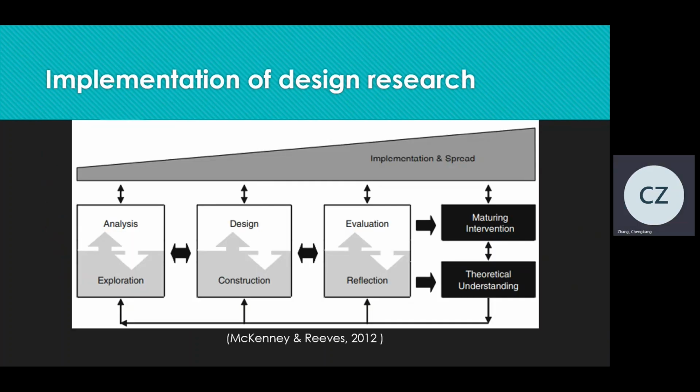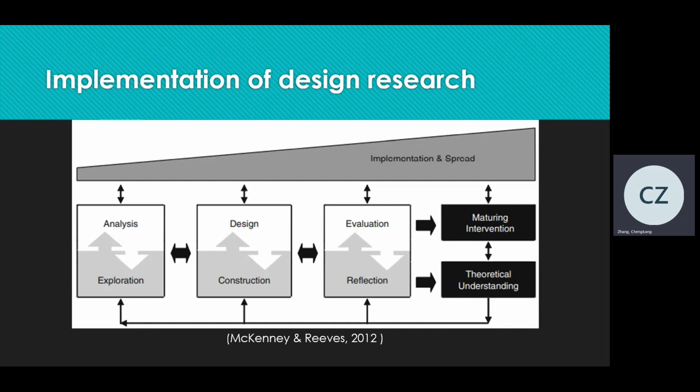After we know the characteristics of design research, and distinguish design research from all other research, let's see what design research looks like, or how to do a design research. Normally, design research has to go through several stages.